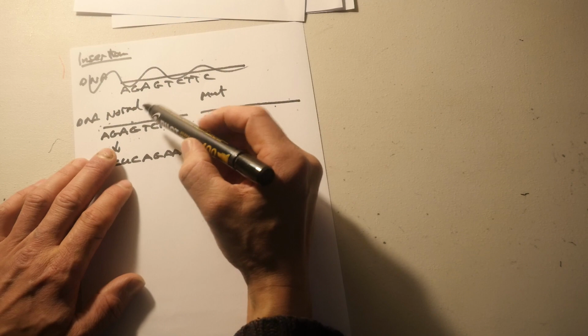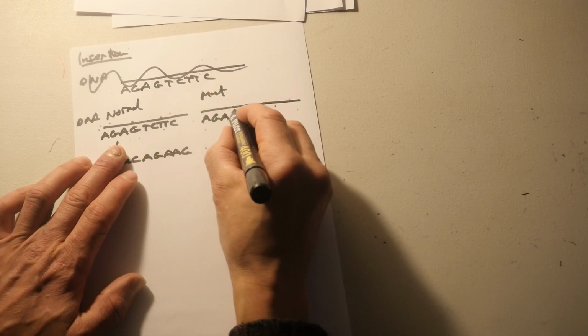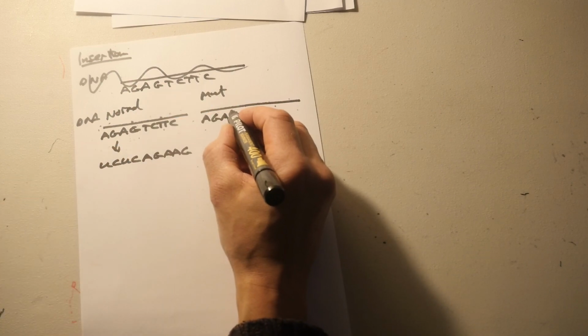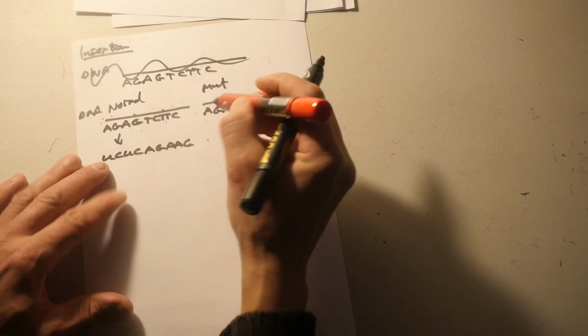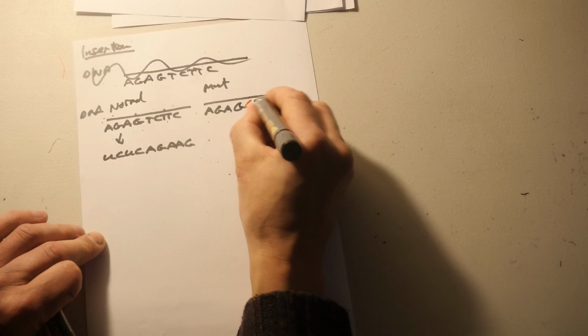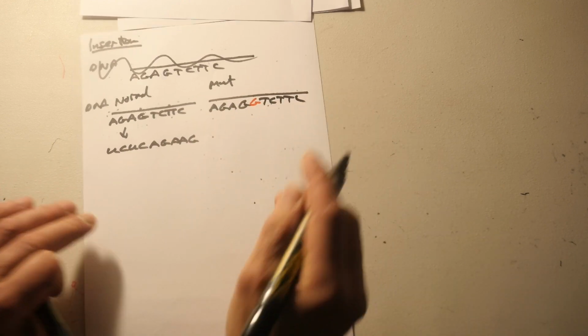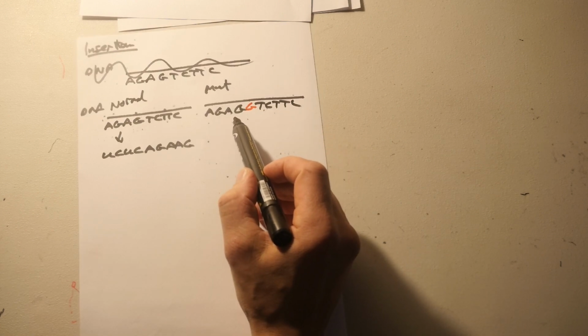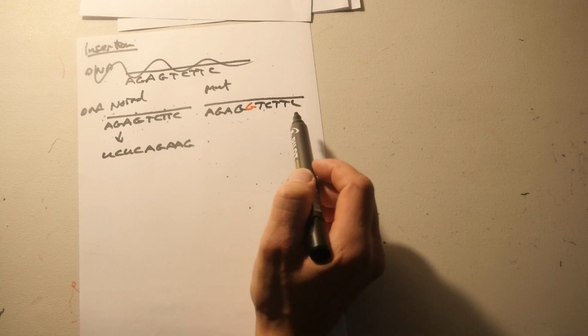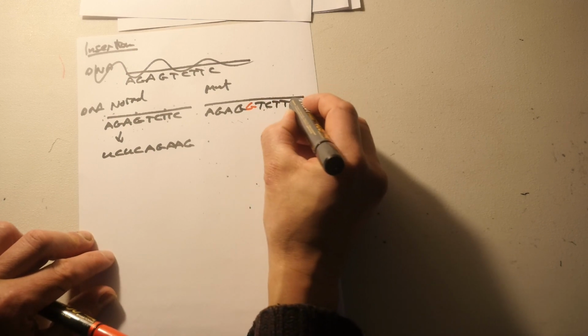That's meant to be a G, so you got G. But we've also added another G, but put it in red. Then T, C, T, T, C, okay? So AGA, GG, TC, TT, okay?